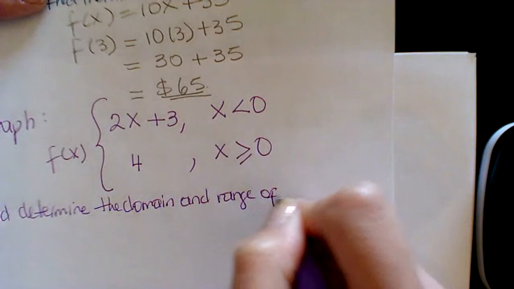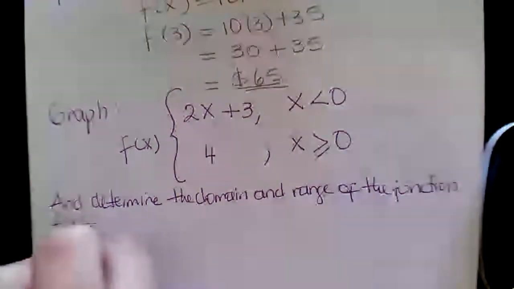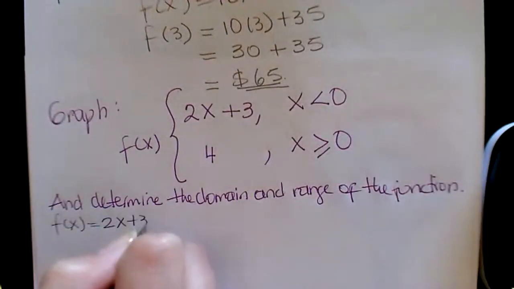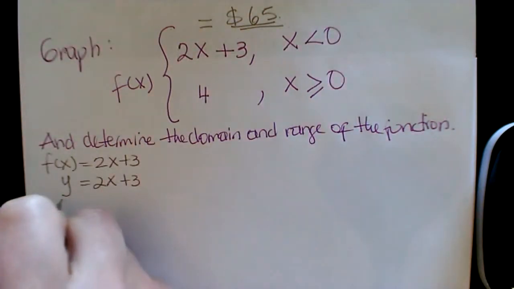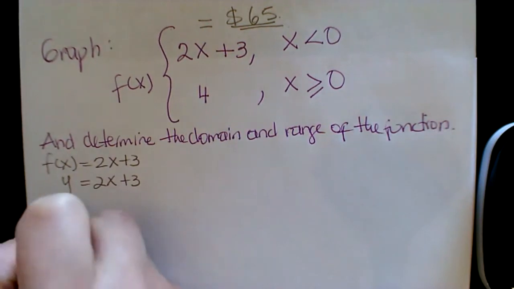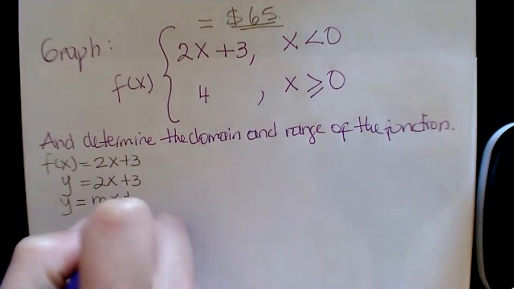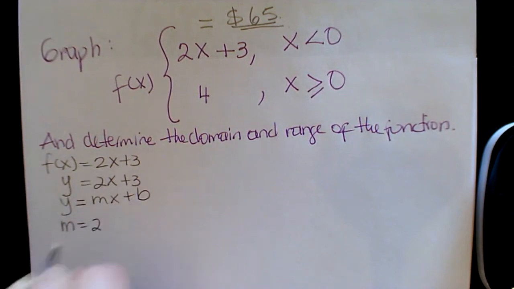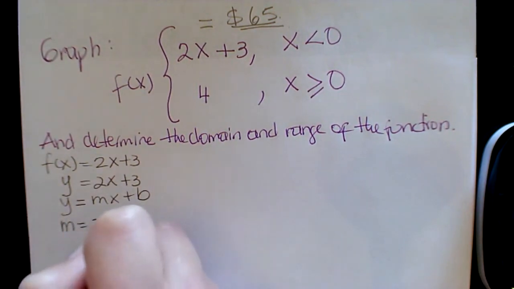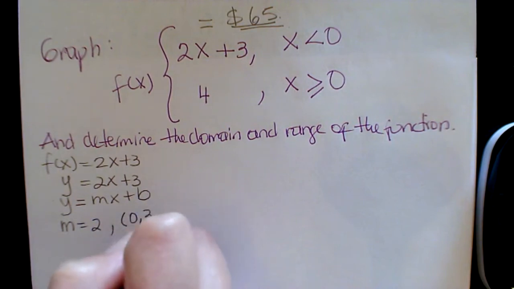So we have f of x is equal to 2x plus 3, right? So we know this is equal to y equals 2x plus 3. Again, this is the same as what? Remember the slope-intercept formula? So here's the slope. My slope is 2, and the y-intercept is 3.